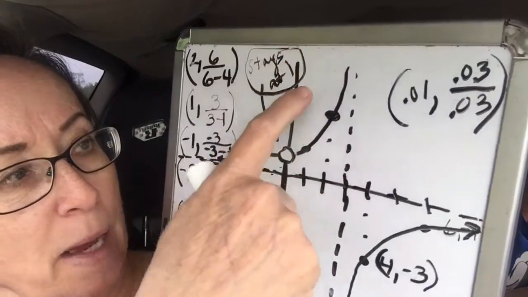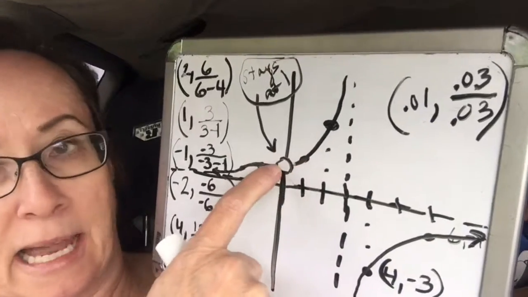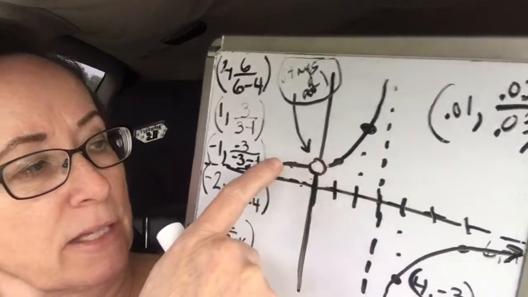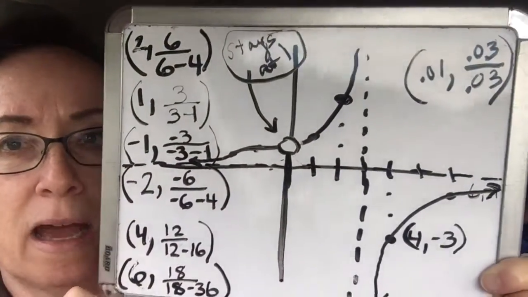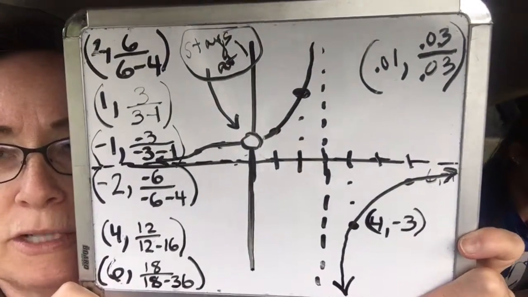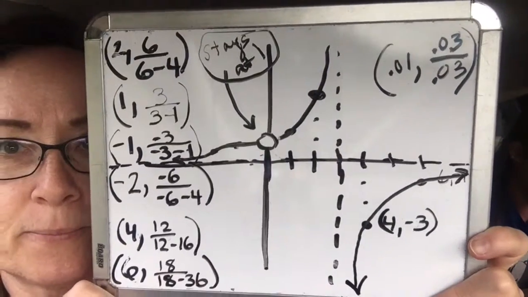I knew that, but I wanted to plug in some points over here to see what it acted like as it got close to the hole. Okay, so then it continues on and hugs the horizontal asymptote of 0. So to me that was an interesting one, and I enjoyed graphing it.